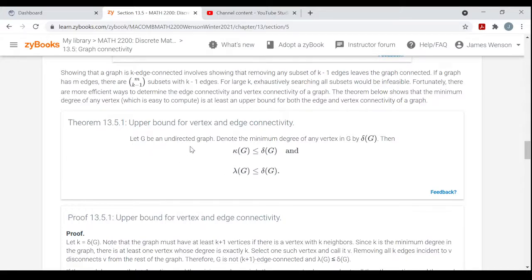So if you're given an undirected graph and the minimum degree of any vertex is delta of G, then the vertex connectivity will be less than or equal to that minimum degree, and the edge connectivity will be less than or equal to that minimum degree. Right? So you can start at that minimum degree and see if your graph is that vertex connected or that edge connected.